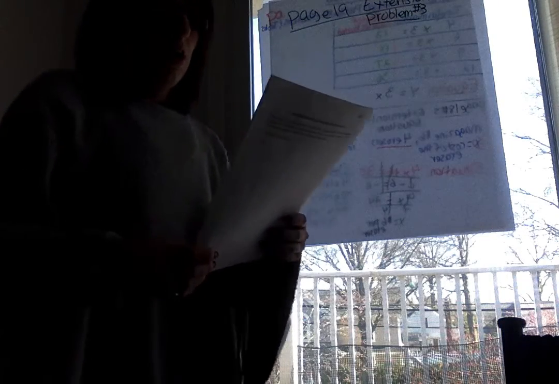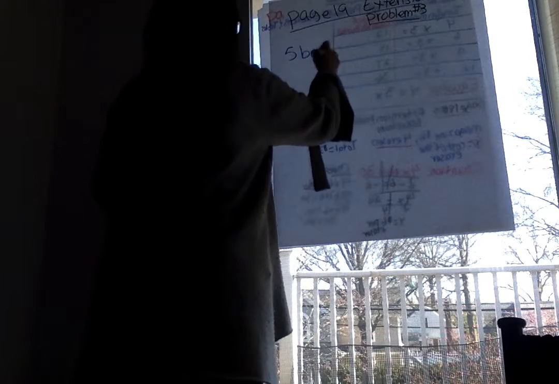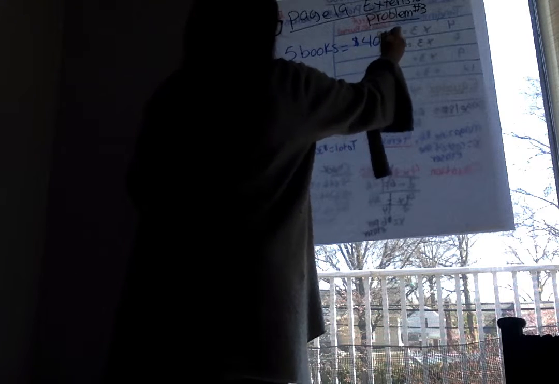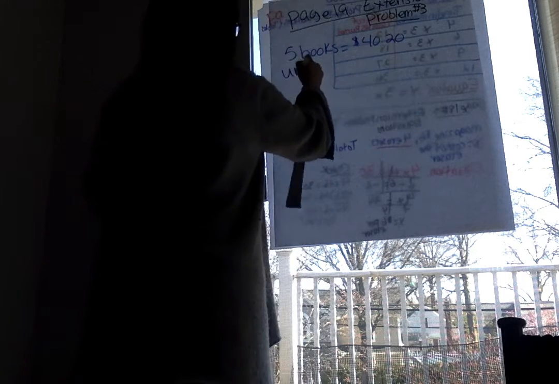Okay, it says that there are 5 books for $40.20. So we got 5 books equals $40.20. We need to find the unit rate.